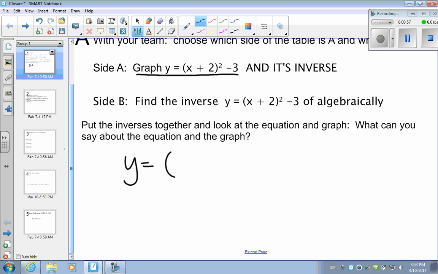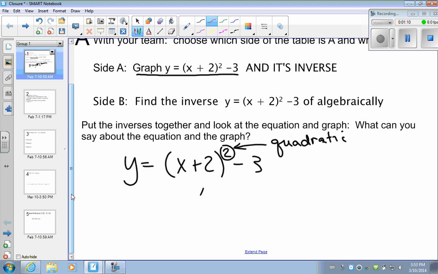Because when I graph something like this, I know right away that it's quadratic, so it's going to be a parabola. I also happen to know the h and k values, so h is going to equal -2, x minus -2, and k is going to equal -3.